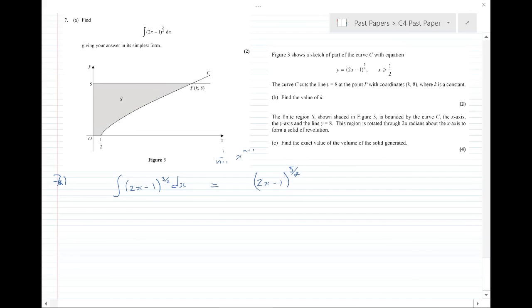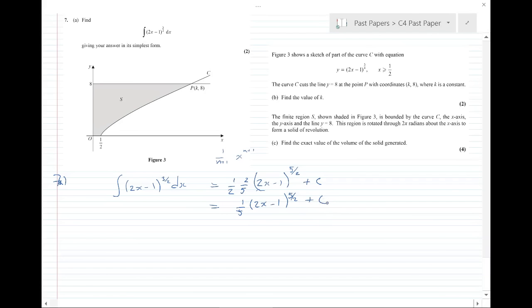Divide by 5 over 2, which is the same as times by 2 over 5. But we need to also times by half, the reciprocal of that number there, reverse chain rule basically, plus a constant. The 2s cancel, so that's 1/5 of 2x minus 1 to the 5 over 2 plus c.